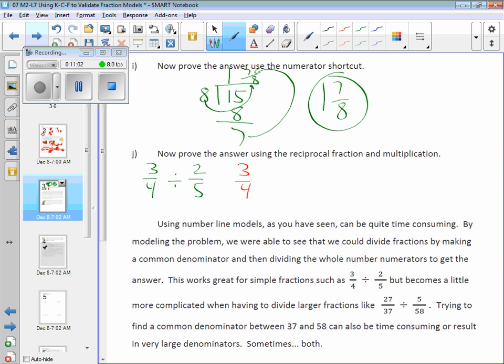If you feel like you want to use the little x at this point so you can see it, that's fine, but I like the dot better because it's more mathematical at this point. And here comes the reciprocal part. You flip the second fraction from 2/5 to what? 5/2.